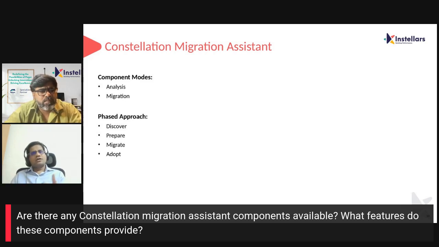In the prepare stage, we run the analysis using the Constellation modernization assistant, start fixing the critical issues, and prepare the project plan. Third is the migrate phase, which is mainly for migrating the application with the Constellation modernization assistant, fixing the migration issues, and running the testing.